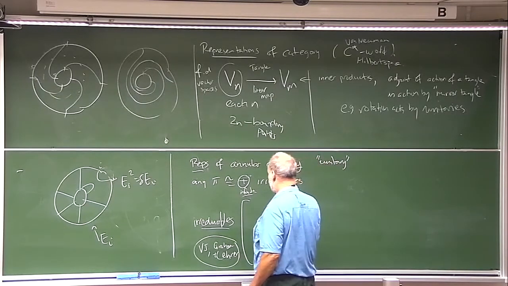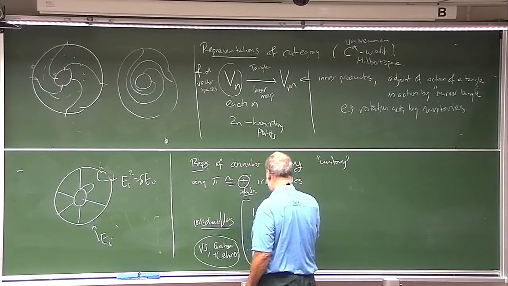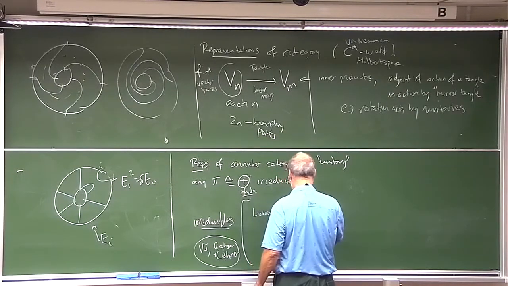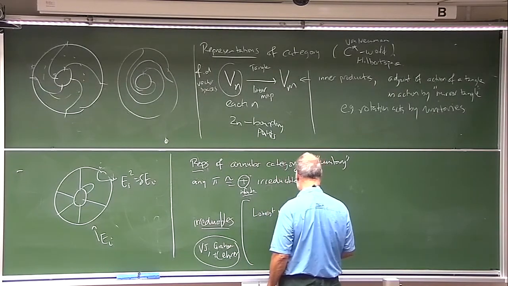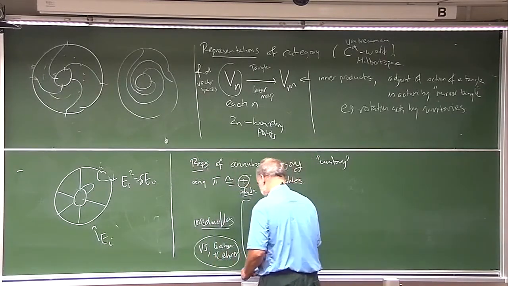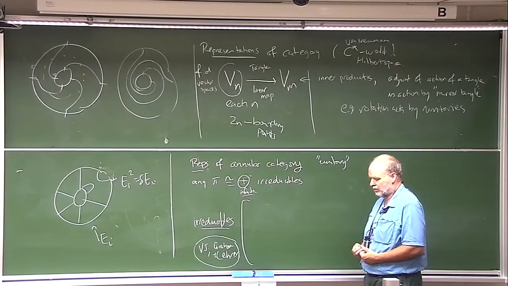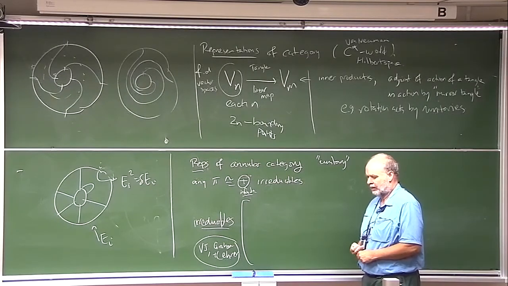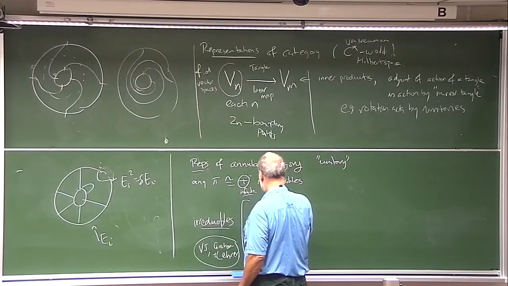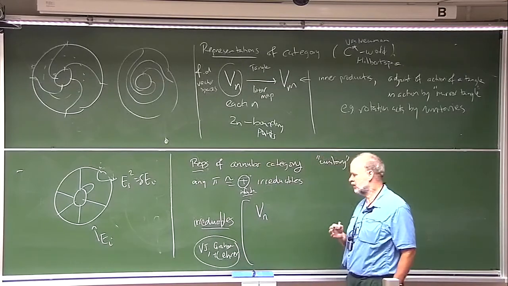So the central idea is the concept of a lowest weight representation. Let me just state it as an abstract structure for the irreducible representations, and we'll see the consequences afterwards. So we have an arbitrary representation V_n, and it has the following properties.